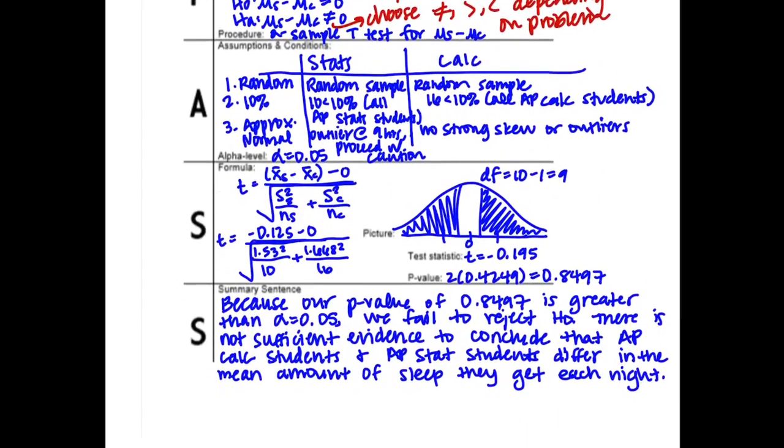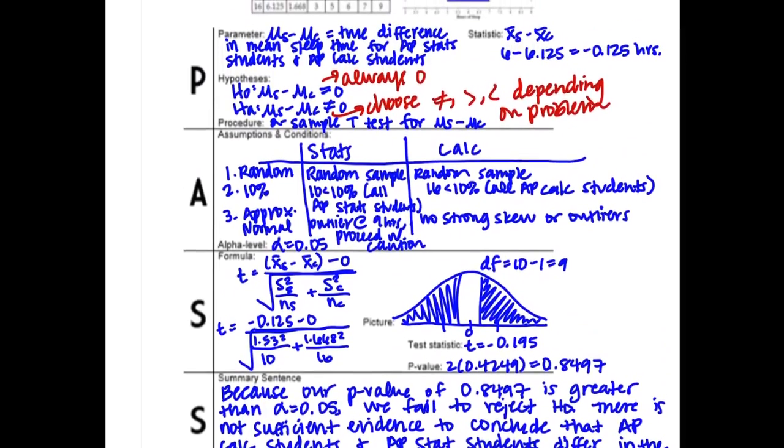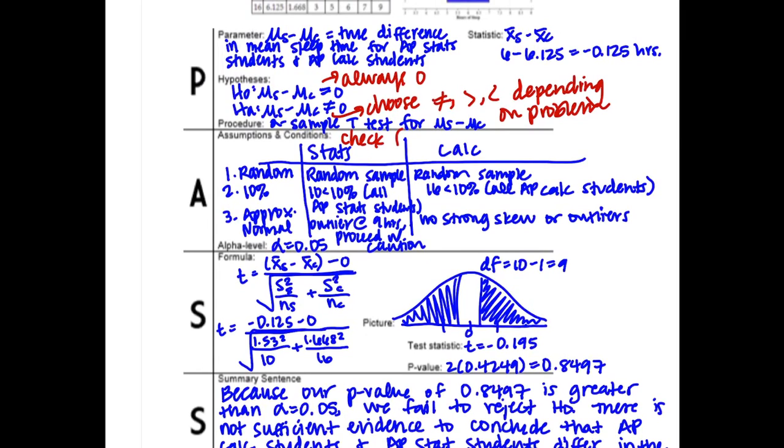And then we have to check for both, check for each group. We have this formula, now there's 2 samples, so we have to subtract. We want to draw our curve and label the DF.